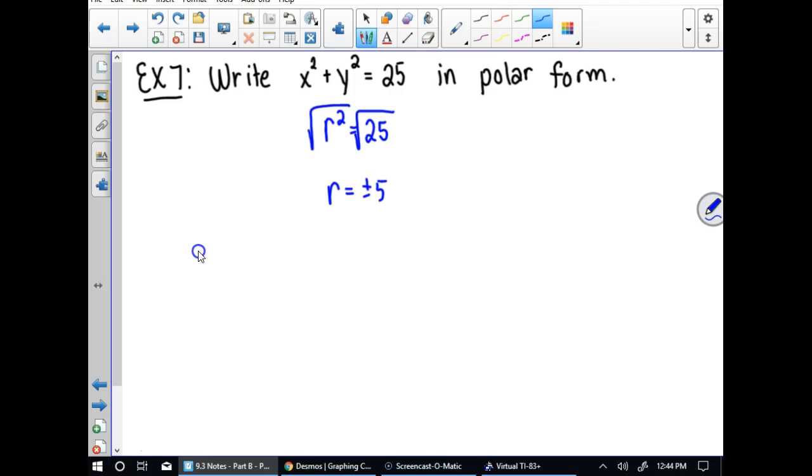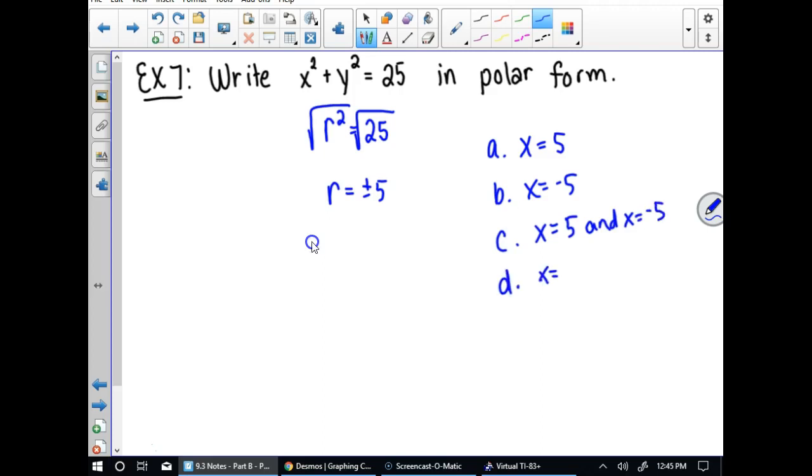So there may be some questions that say, write this in polar form, and your answer choices might be like A, r equals 5, B, r equals negative 5, C, r equals 5 and r equals negative 5, and probably like a D, r equals 25, right?